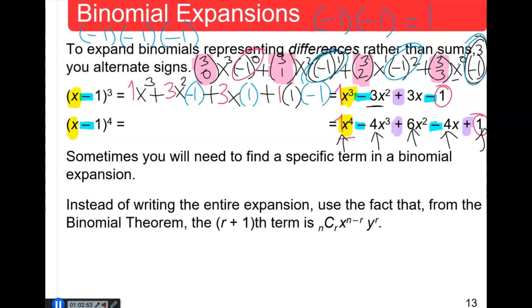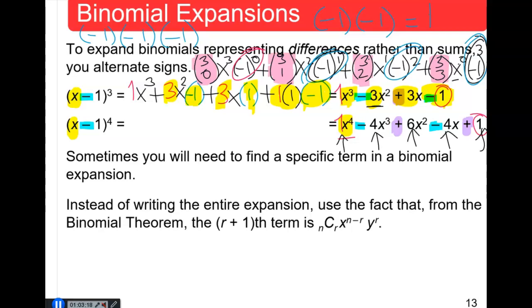So finally, if we multiply, like in this case, 3 times negative 1, that's how we get this negative 3. And if we multiply positive 3 times positive 1, we get this positive 3. And finally, if we multiply 1 times negative 1, we get negative 1. And so that is another way.